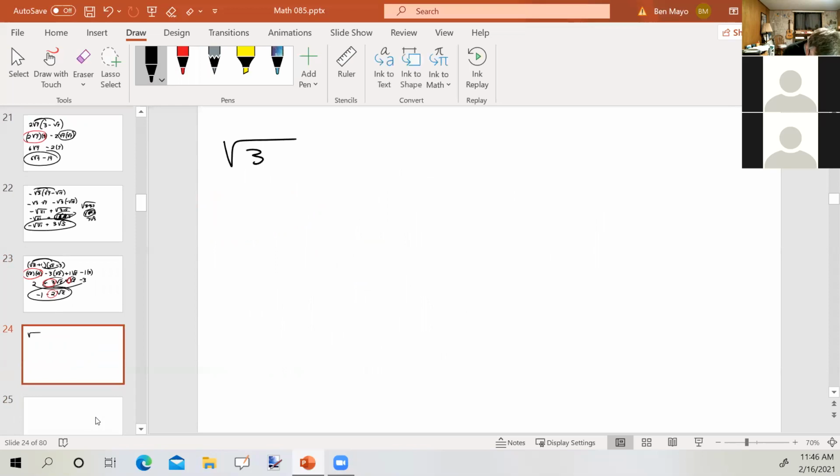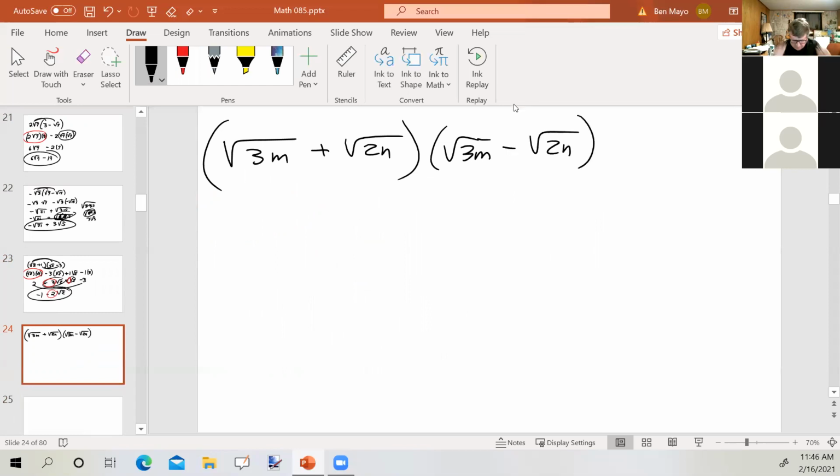The square root of 3m plus the square root of 2n times the square root of 3m minus the square root of 2n.